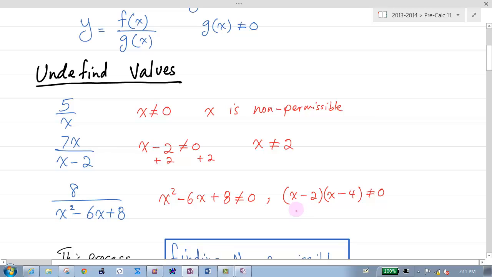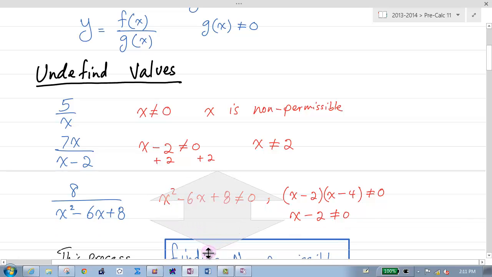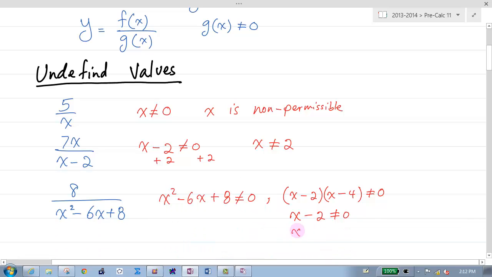The first one cannot be equal to 0, so x minus 2 cannot be equal to 0. And the second one, x minus 4, cannot be equal to 0. From the first one, I conclude that x cannot be equal to 2. And from the second one, I conclude that x cannot be equal to 4.